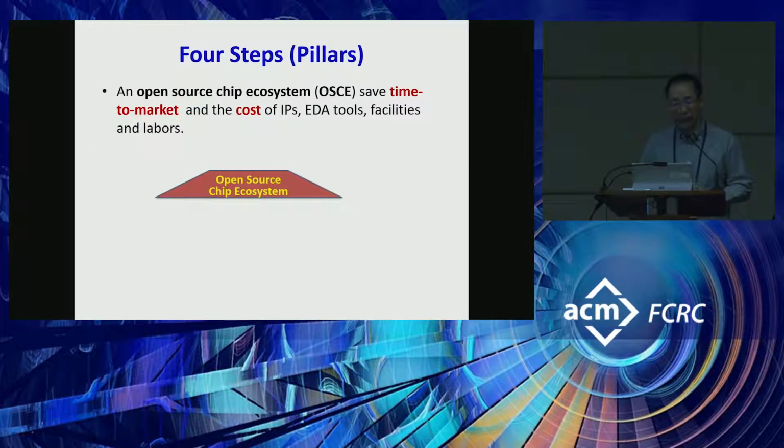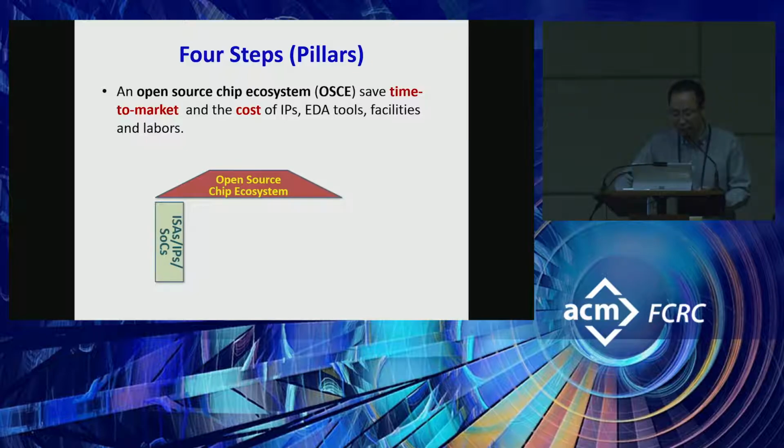So we envision building the open source chip ecosystem. I think we have 4 steps to go. The first step is we need open source ISA, open source IPs, and open source SoC.